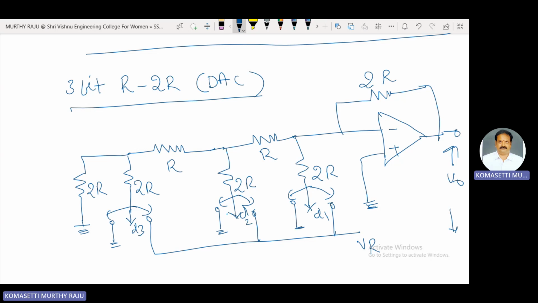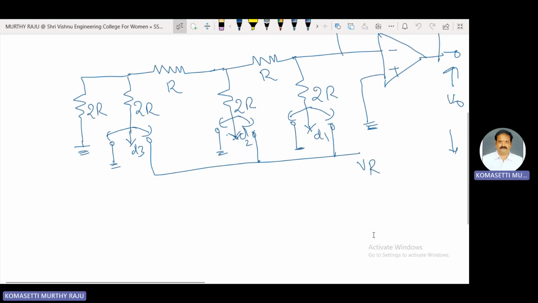This one is the MSB. This one is the LSB.